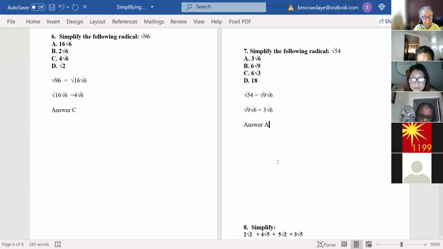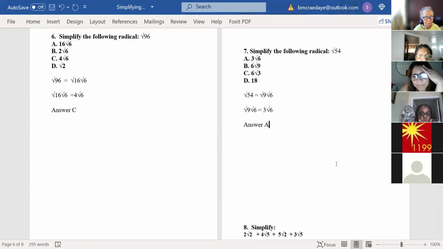I said A, but can the answer also be D as 18, for number 7? My answer is A, but I was just thinking if 3 times 6 is 18, can the answer also be D as just 18?